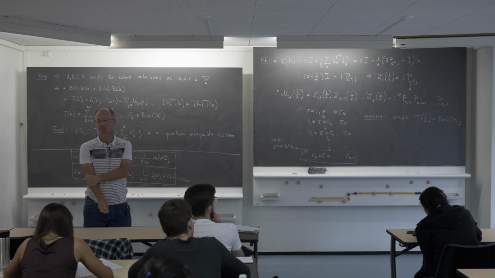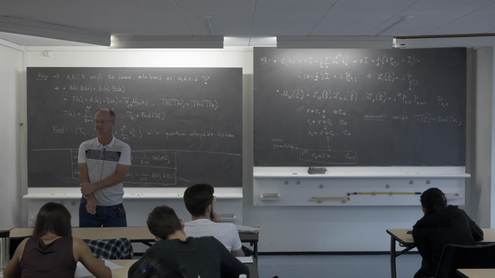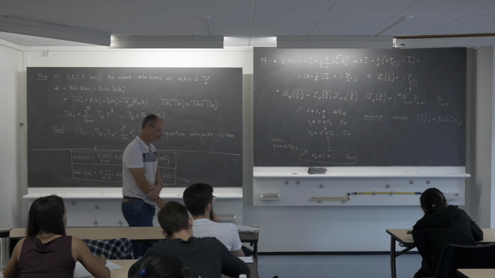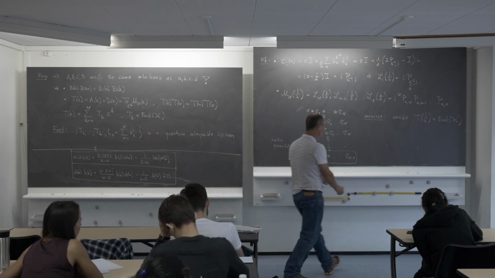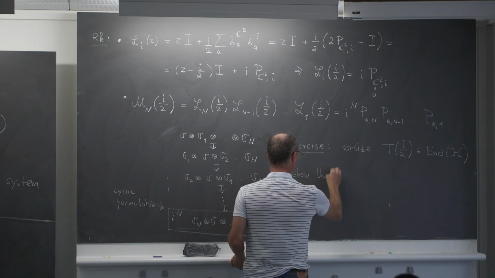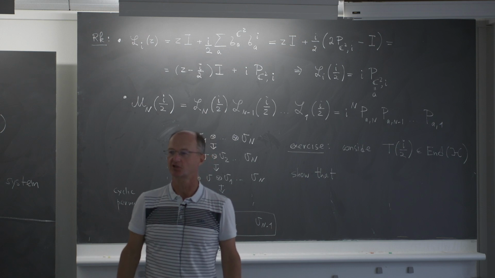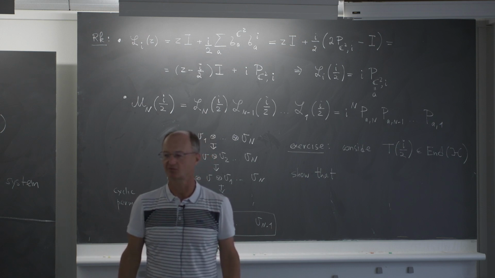What's your feeling? It's a kind of linear algebra question. So the result is simple and surprising. Actually, the trace of a cyclic permutation is again a cyclic permutation.